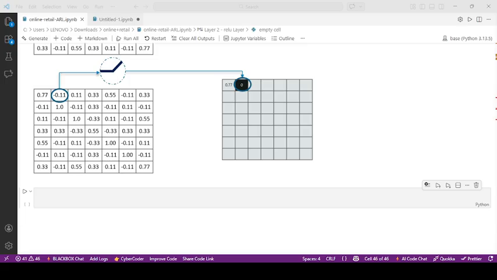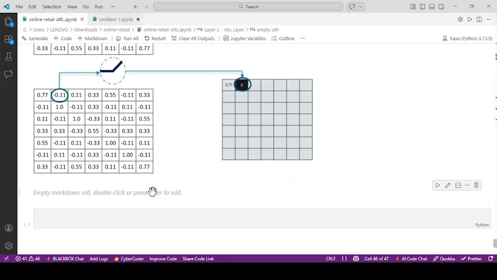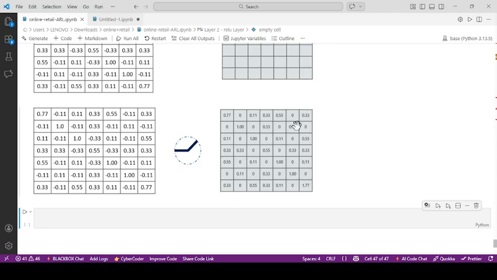Minus 0.11 is a negative value, so negative values change to 0. Okay, so after we process this particular feature, we get this type of values. Okay, all the negatives have been removed, only the positives are kept as they are. Similarly we do the same process to all the feature images.